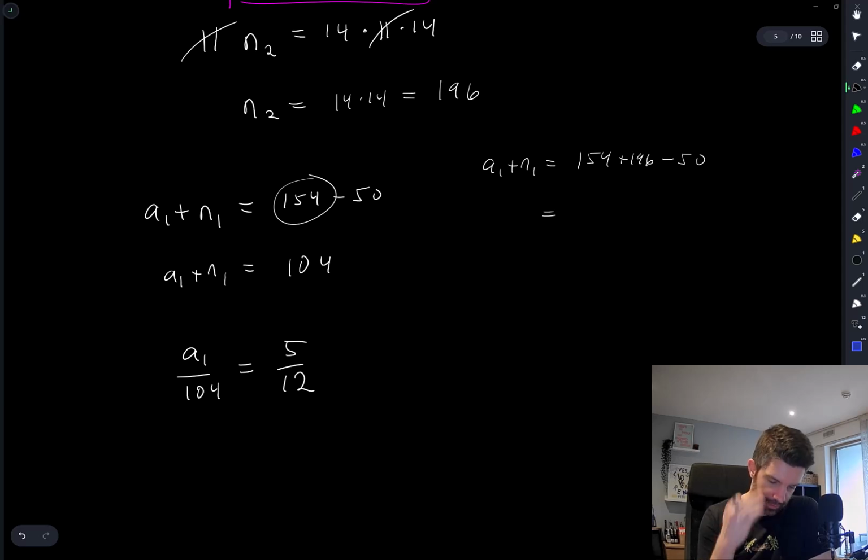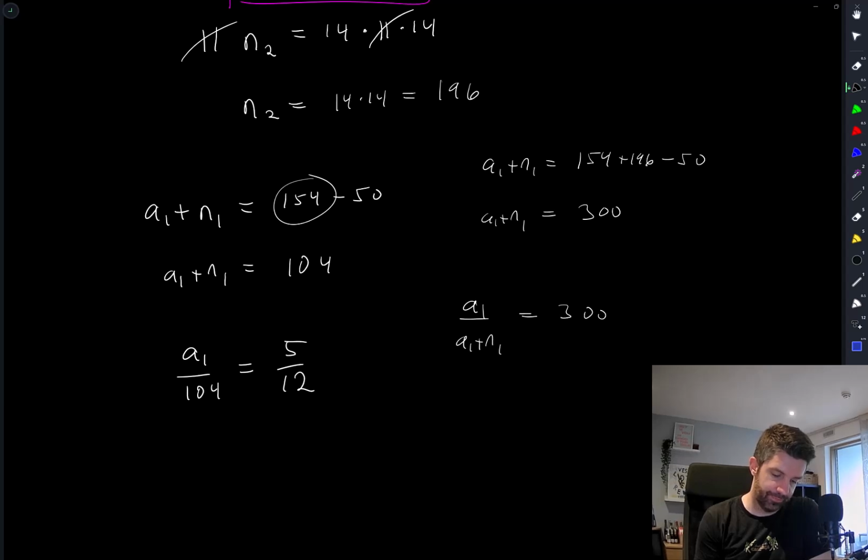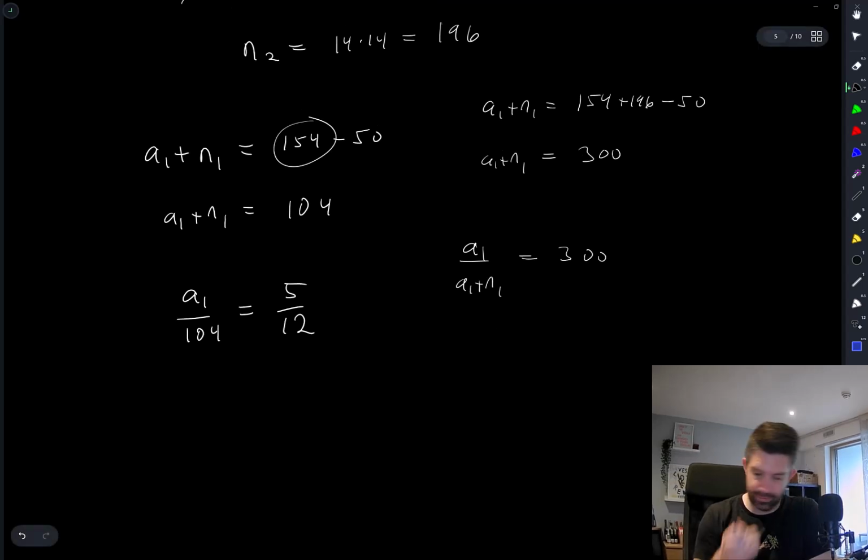Anyway, I do feel like figuring out all the numbers here. So this is 104 plus 196, that's 300, right? So I have A1 plus N1, oh wait, no, it doesn't equal 300.